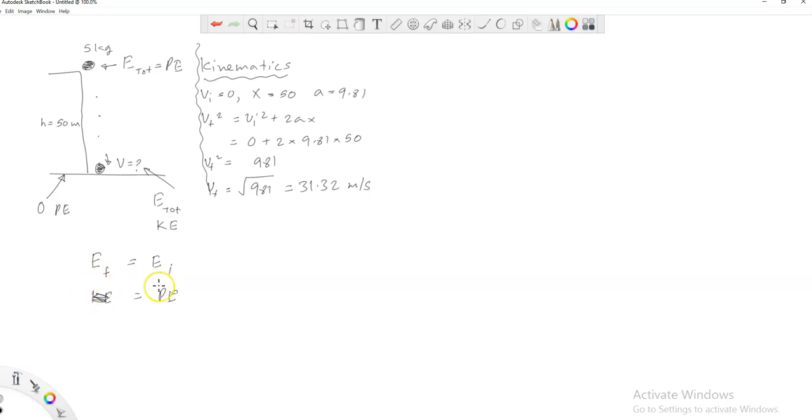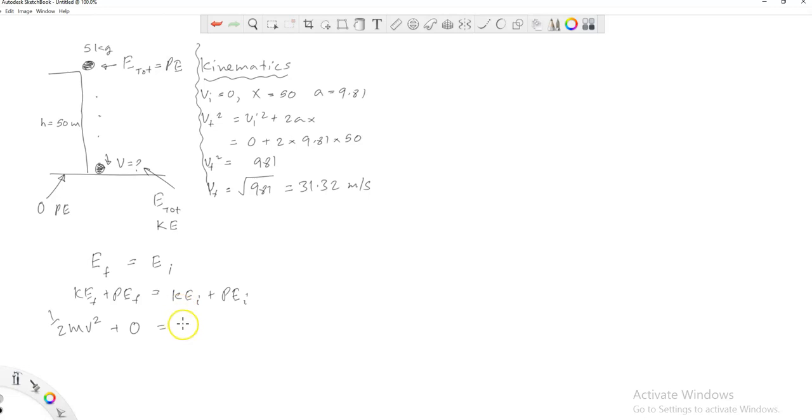Or you can say it this way. Energy final, which is kinetic energy final plus potential energy final, equals kinetic energy initial plus potential energy initial. Kinetic energy final is half mv squared. Potential energy final is 0.